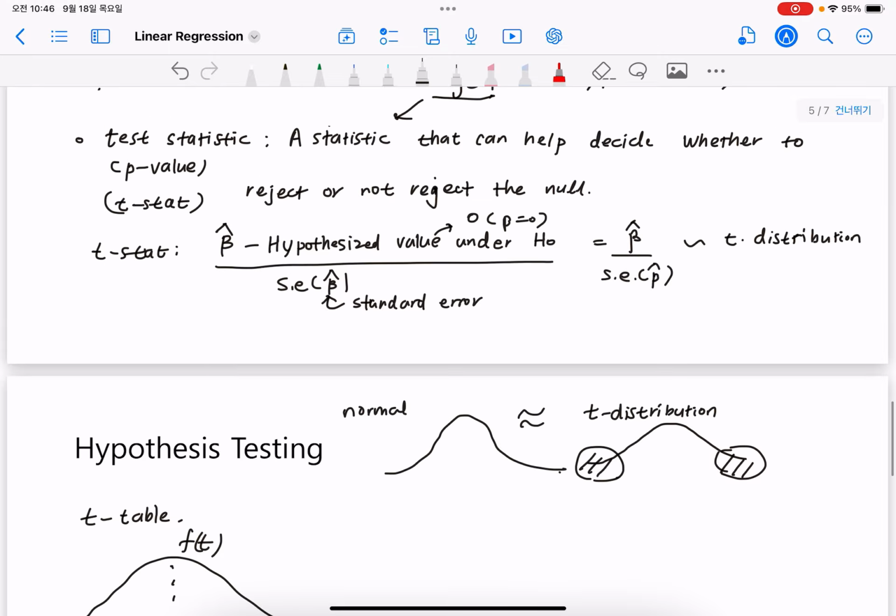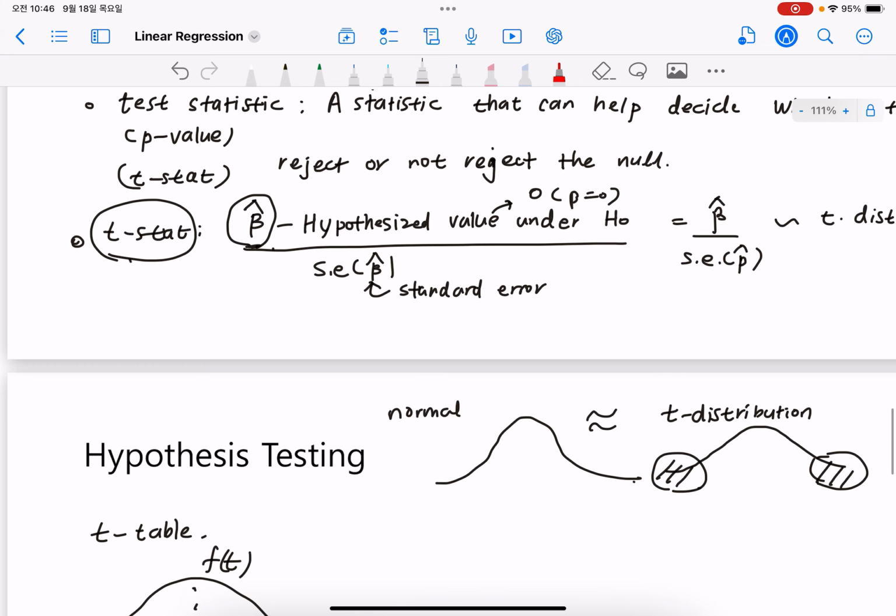The reason why we're doing the t-stat is because beta itself cannot be compared across different data sets. I mean, beta can be very different because the magnitudes of y and x are all different, right?